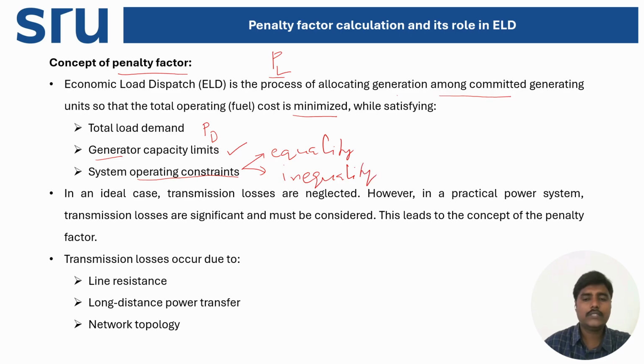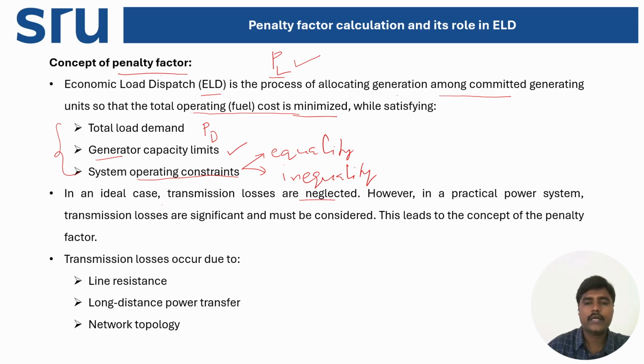So whenever we talk about economic load dispatch, along with losses, the penalty factor will come into picture. At the same time, our total operating fuel cost should be minimized, provided all these 3 conditions are satisfied. In the ideal case, the transmission losses can be neglected.